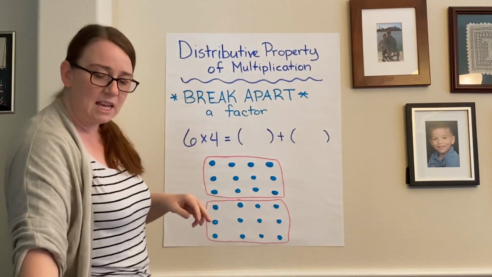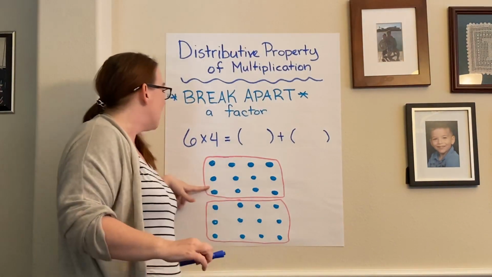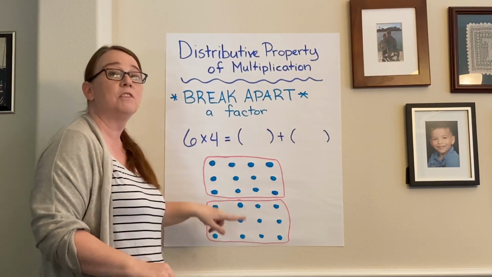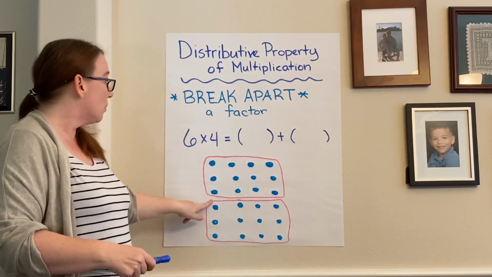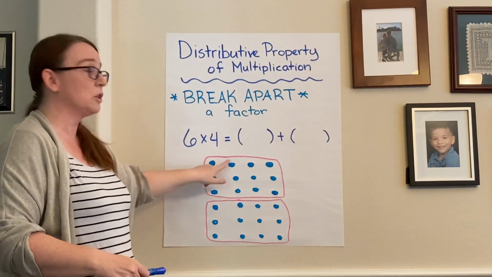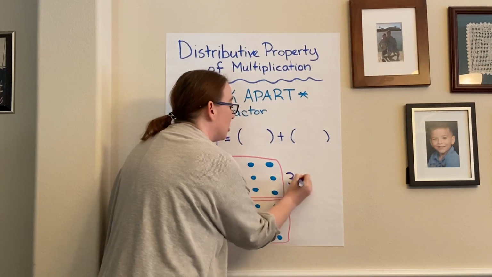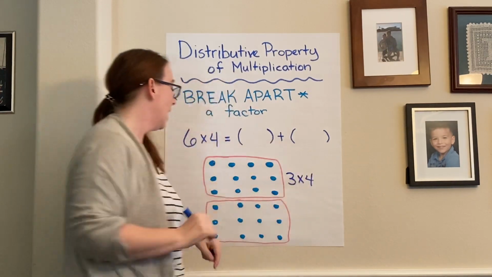So what's happening here is I'm going to now write my equations for each of the smaller arrays. This array is 3 rows of 4, so that multiplication equation would be 3 times 4.